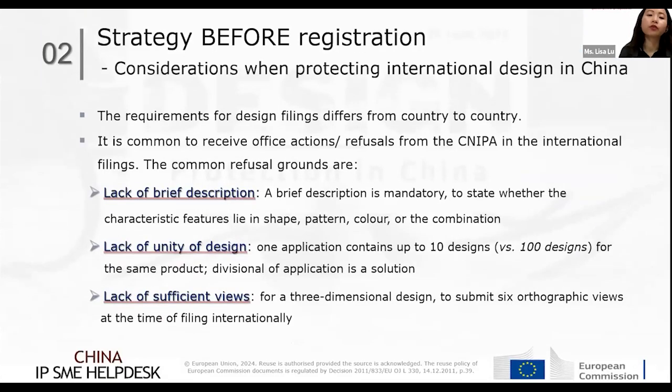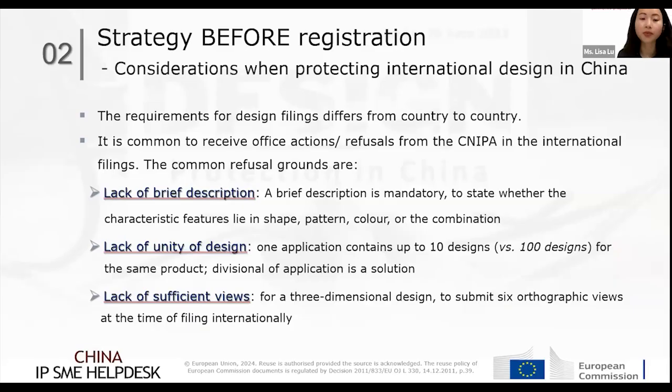And before the registration, another consideration you should take is when you protect your industrial design using the international system to extend to China. As I already mentioned, 2 years ago, the international system, the Hague system, became available in China. That's great news for industrial design owners because there's another option you can consider to protect your industrial design.